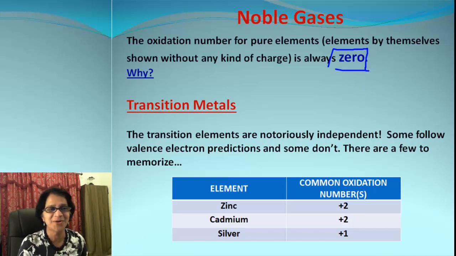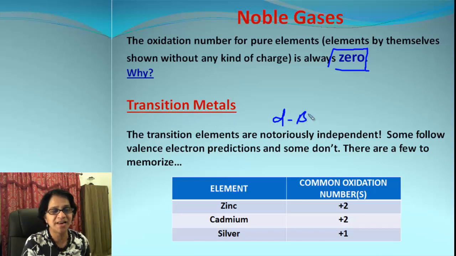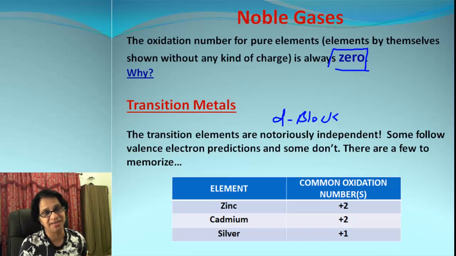Let's talk about some weird elements, and those are called transition metals. These are d block elements and they sometimes behave differently. Just like from a fixed deposit, we cannot withdraw any money unless there is an emergency.